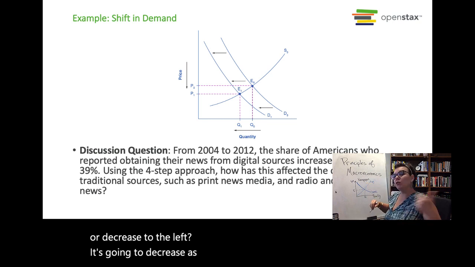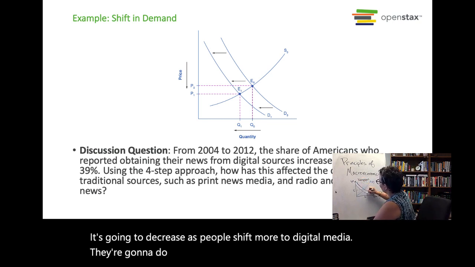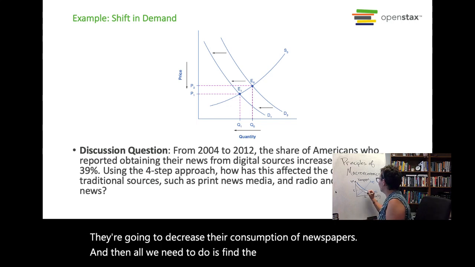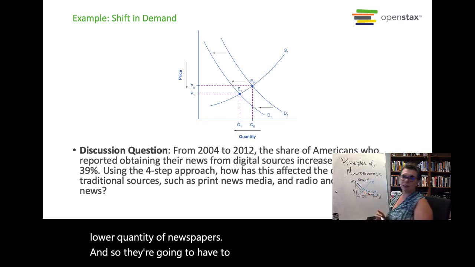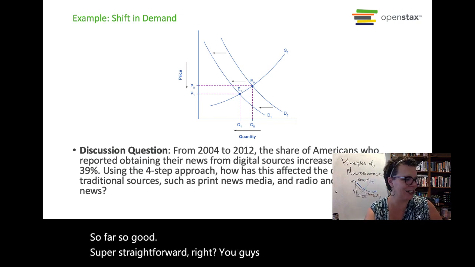As people shift more to digital media, they're going to decrease their consumption of newspapers. And then all we need to do is find the new equilibrium here. It's a lower quantity of newspapers, and so they're going to have to lower prices. So far, so good? Super straightforward, right? You guys got it. Okay, cool.